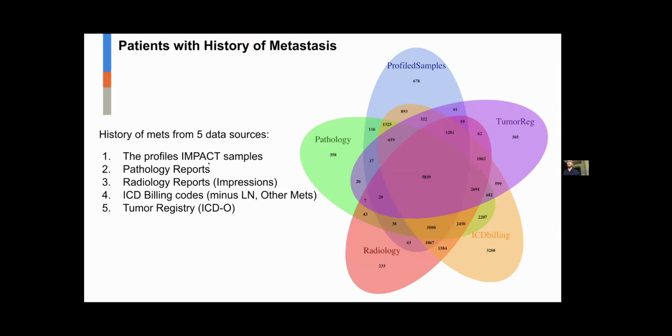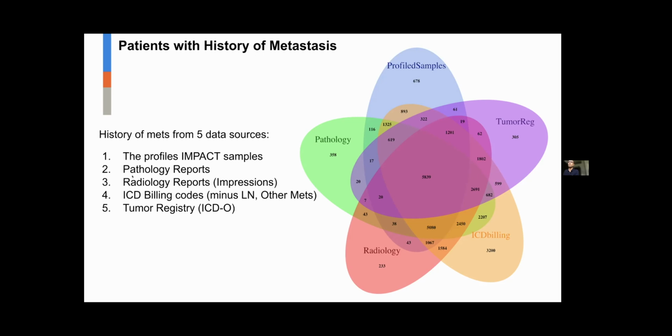We know from the impact samples if it's a met or primary, and what the locations were for those samples. And then also through the data mining techniques, we know the date of the procedure. So we know, at least through that, when they had a metastatic diagnosis.